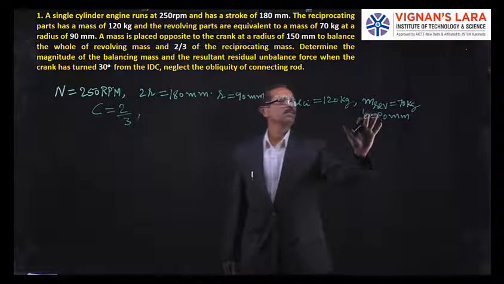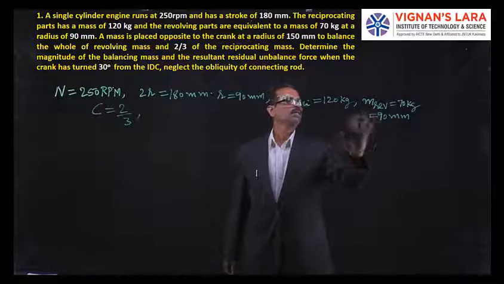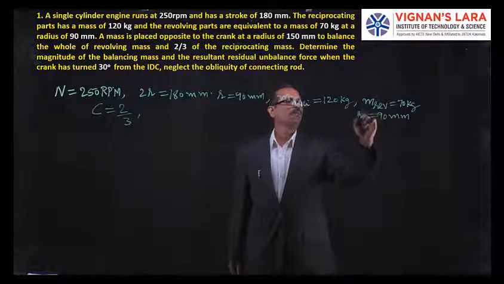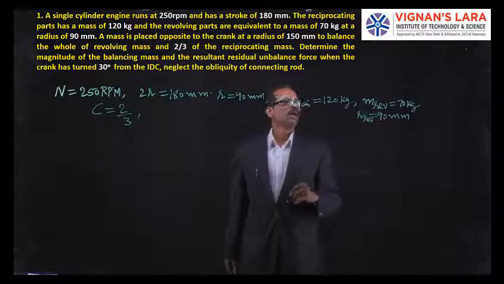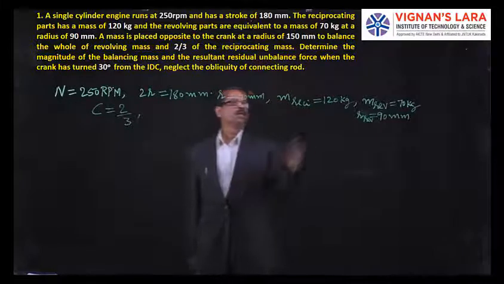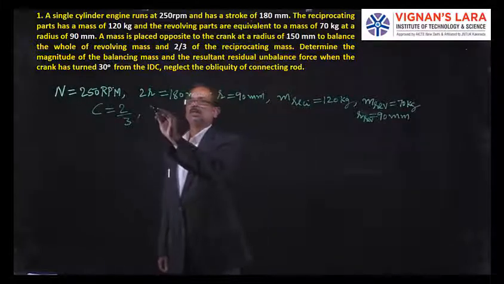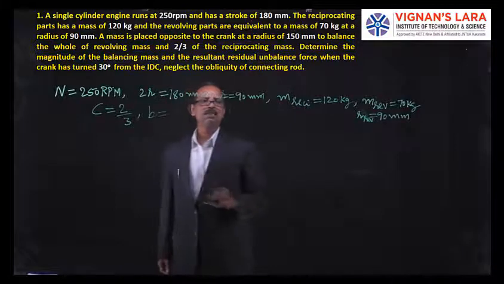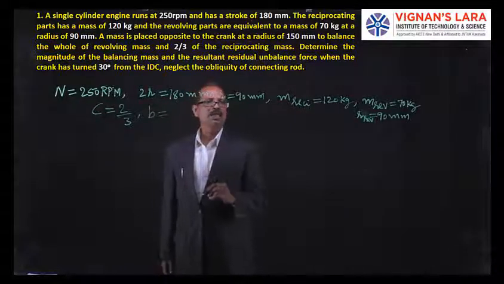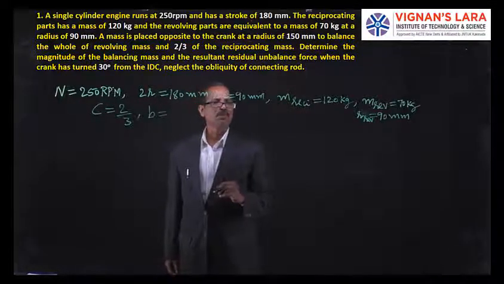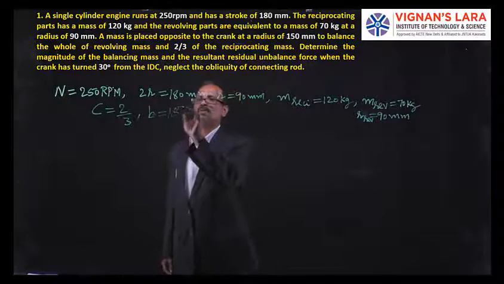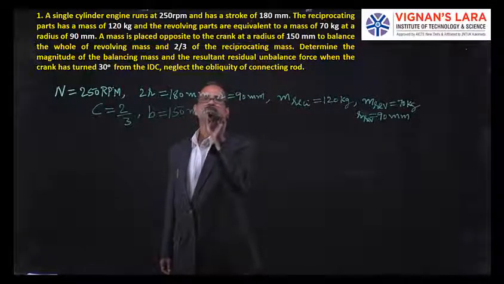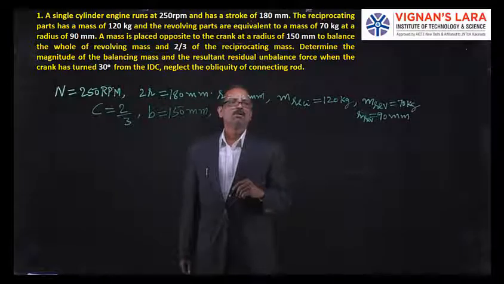So this revolving mass is kept at 90 mm, whereas the balance mass is kept at a distance of 150 mm. So b is 150 mm.